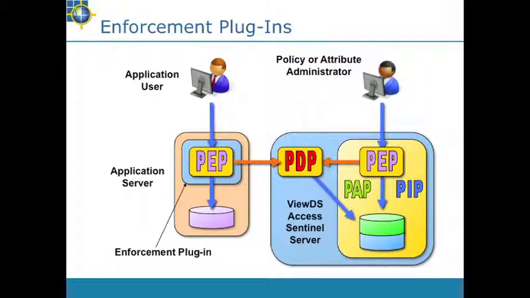In summary, by combining the PDP, the PAP and the PIP functionality into a single system component, as we have in Access Sentinel, we have a component which is easier to deploy and administer because we have fewer discrete components, one where we might otherwise have three or more. We achieve higher levels of performance because we've eliminated a large amount of external messaging and made it internal function calls.